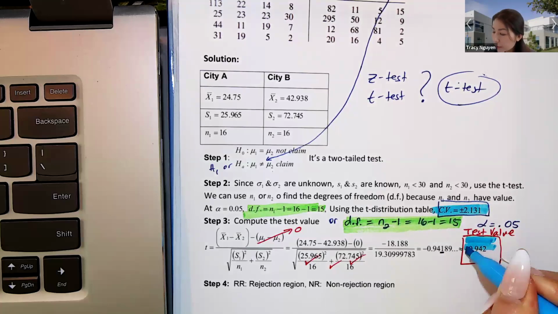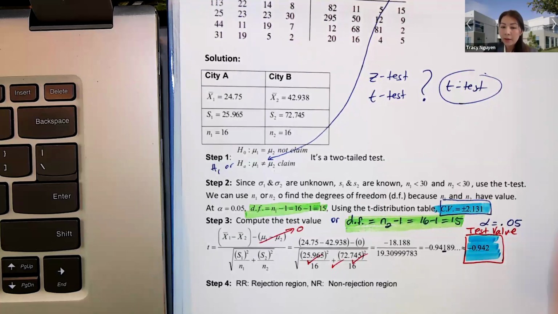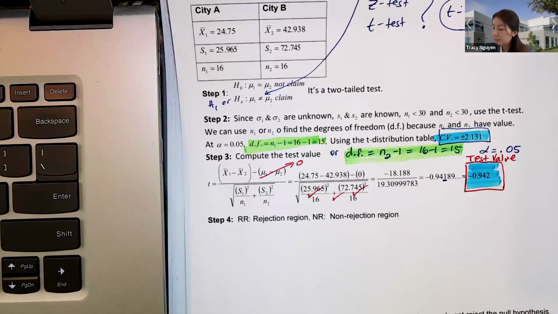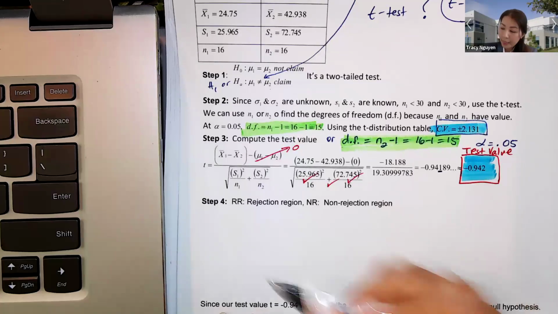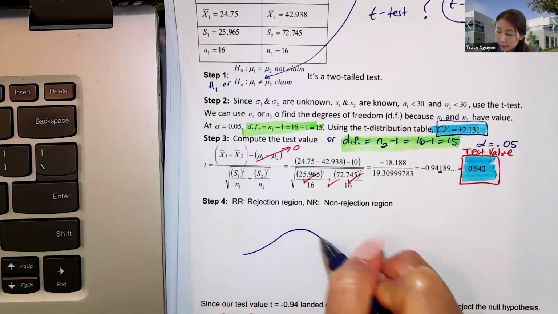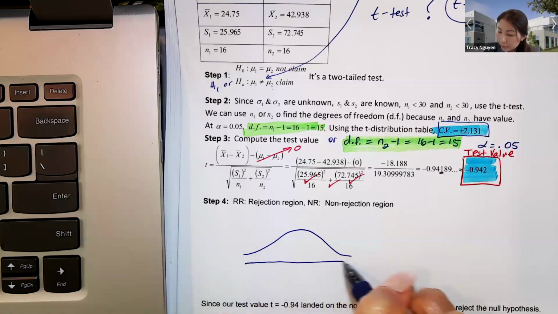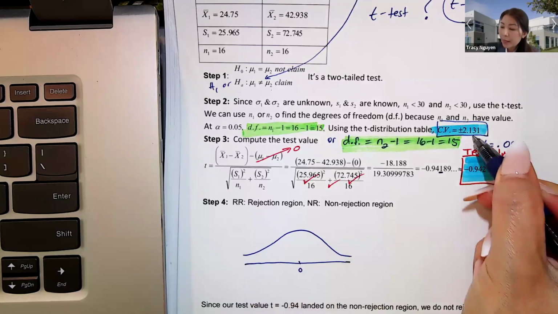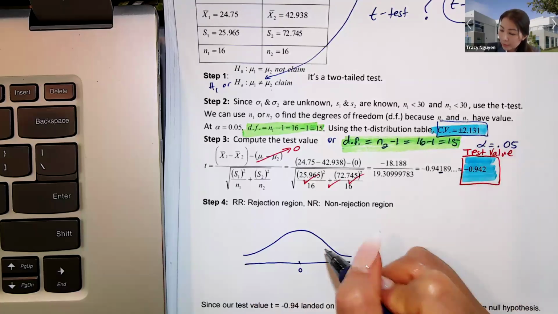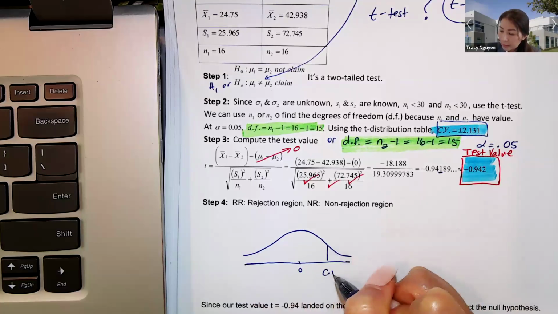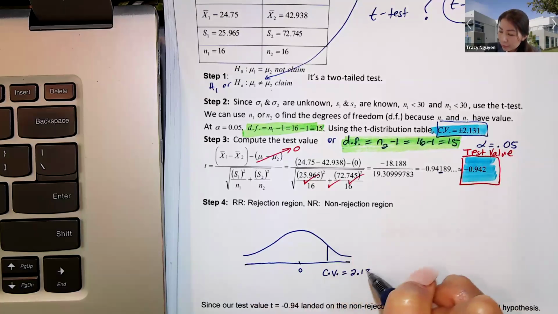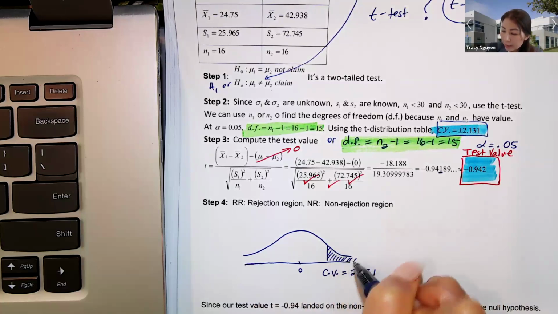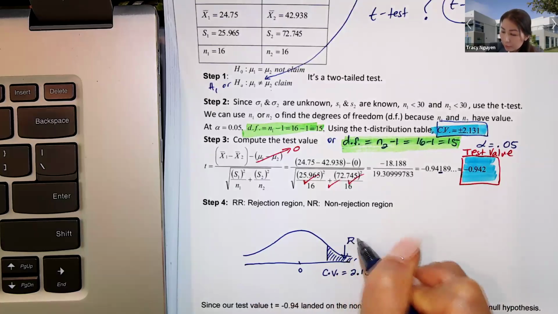On your guided notes, you already have the curve drawn out for you. On my projection notes, I don't have it, so I'm going to go ahead and draw it for you here. We draw our curve and mark 0 in the middle. One critical value we have is positive 2.131, which is to the right of 0. As you already know, the tail represents the rejection region.